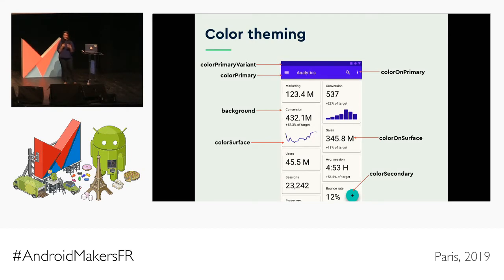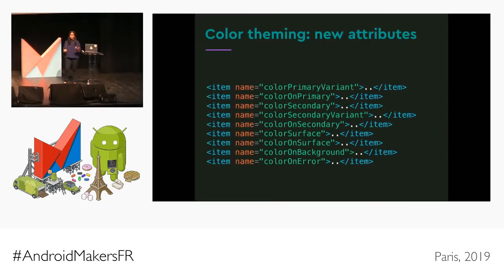It's similar to colorAccent in an appcompat world. And then you have colorOnSecondary, which is the color of content that goes on secondary backgrounds. And what you see here is directly available as theme-level attributes that you can start using. So this way, we have a lot more control over color in our app.